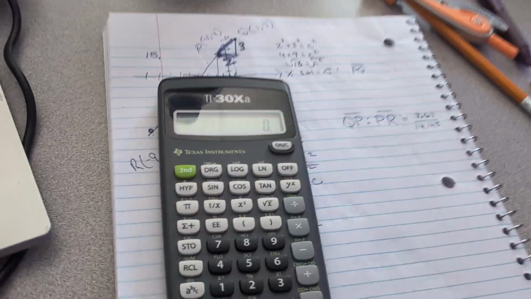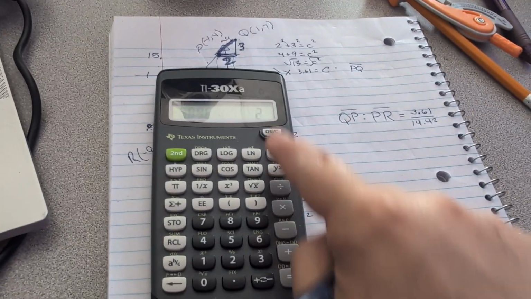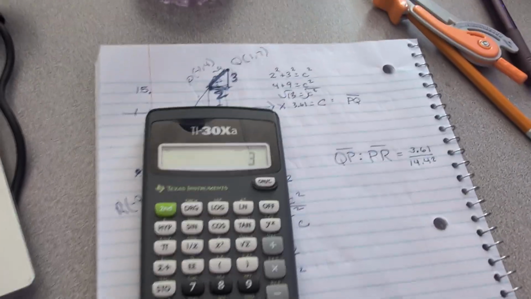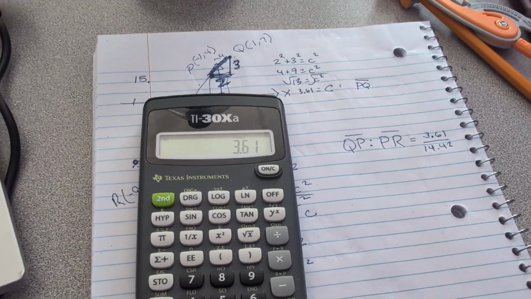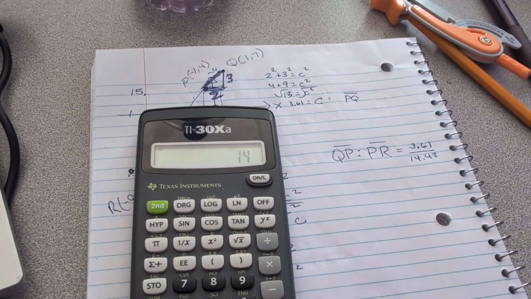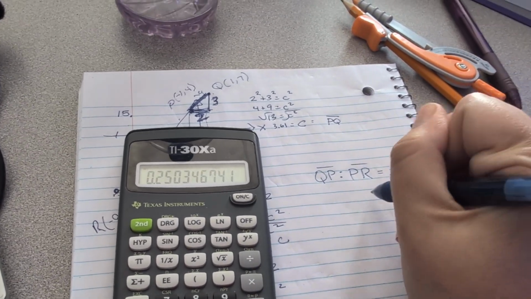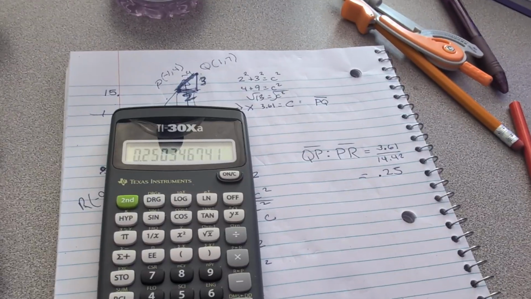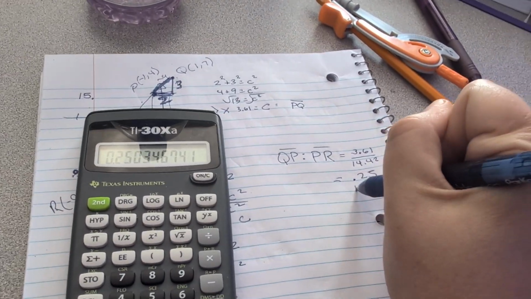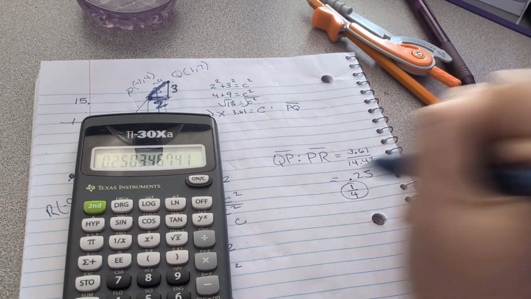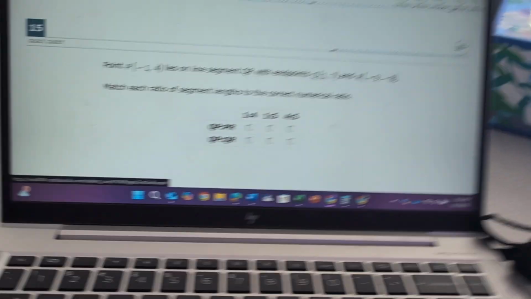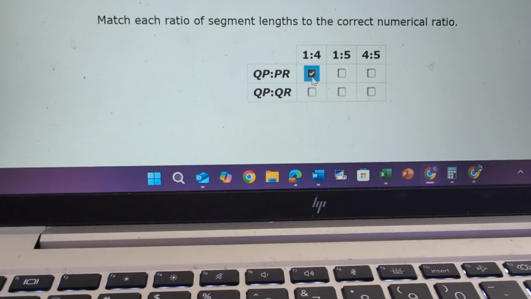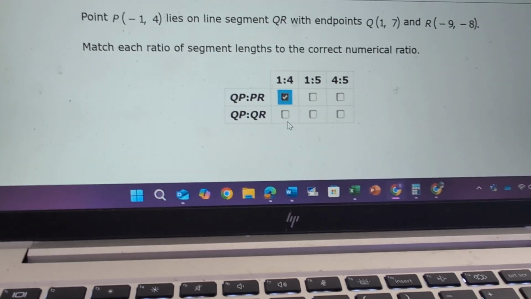Using our calculator, 3.61 divided by 14.42 is going to give us 0.25 and some change. Well, 0.25 is 1/4. So QP to PR is 1:4, interchangeable ratios and fractions.